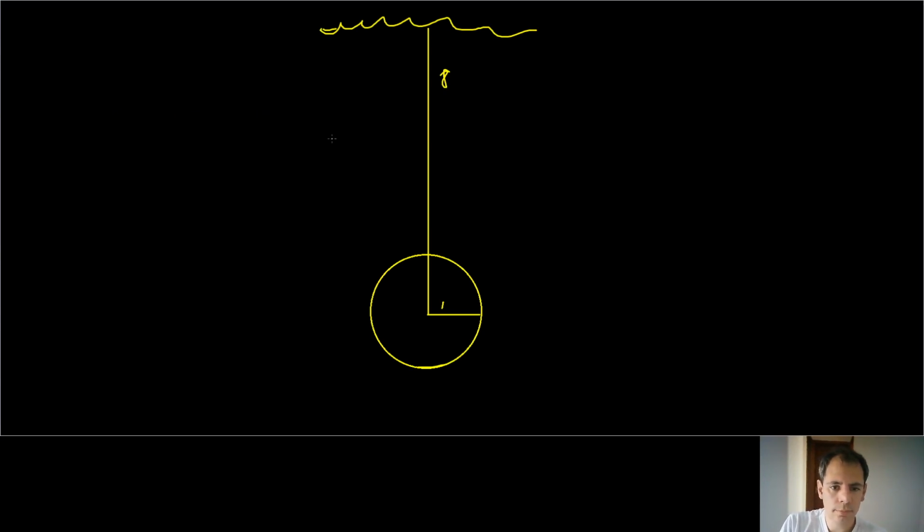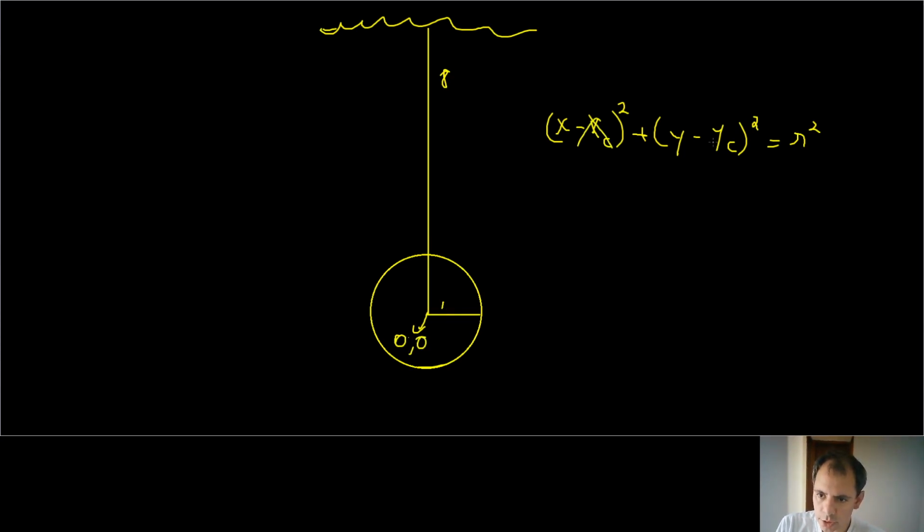If you have a circle, the equation that relates X and Y is X minus XC, the X coordinate of the center, squared, plus Y minus YC squared equals the radius squared. If this point becomes the 0, 0, then I can cancel these two, and it's X squared plus Y squared equals 1 squared because the radius is 1. So that's what I'm going to do.